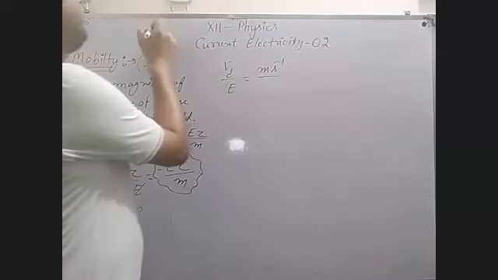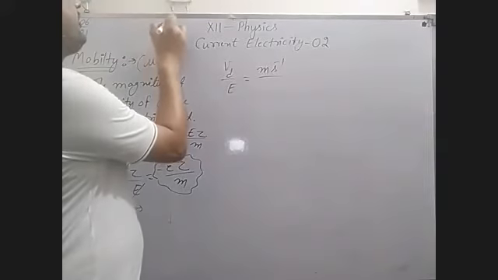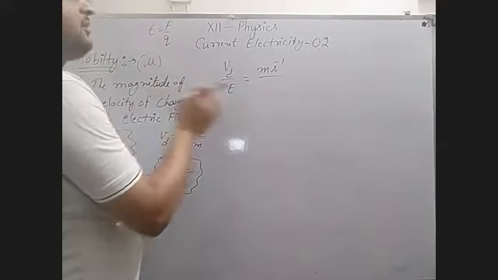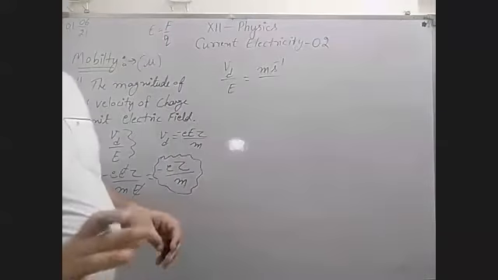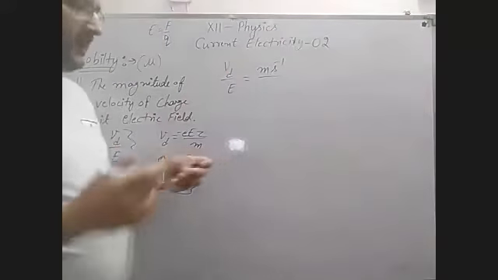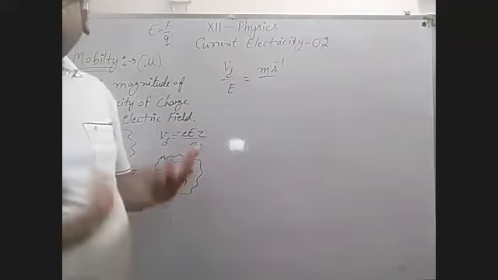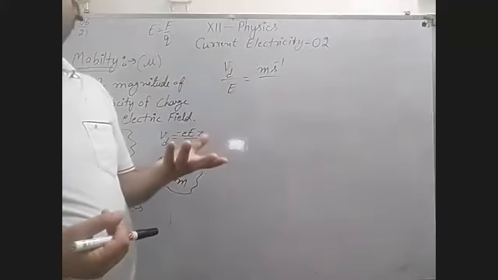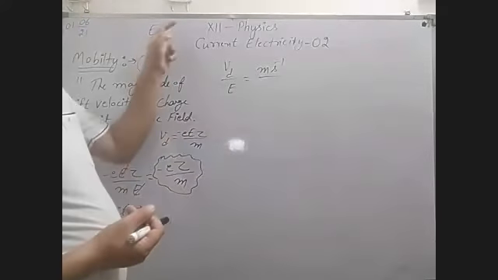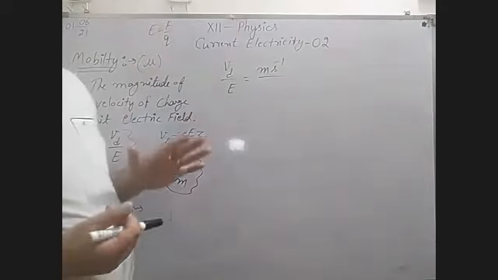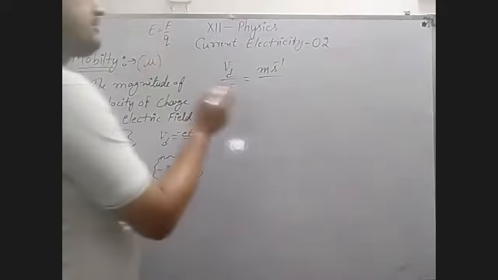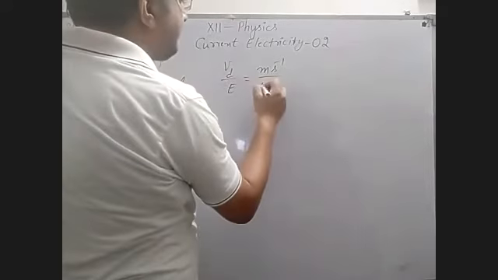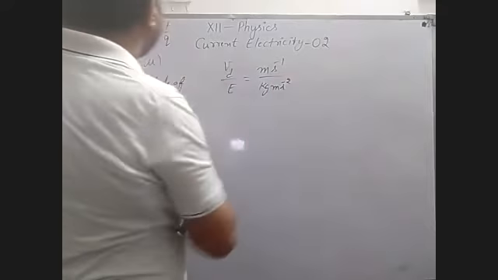Electric field: you know, electric field is equal to force per unit charge. There are so many formulas for electric field, but while expressing units and dimensions, you have to take the general, or basic, formula. Electric field basic formula is force upon charge. What is the unit of force? Kilogram meter per second square.